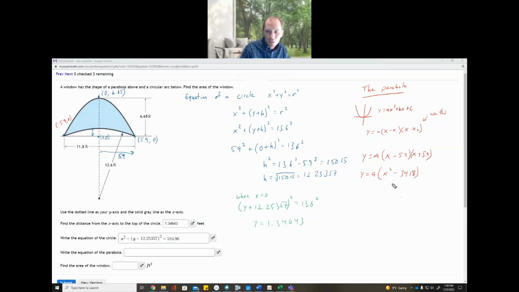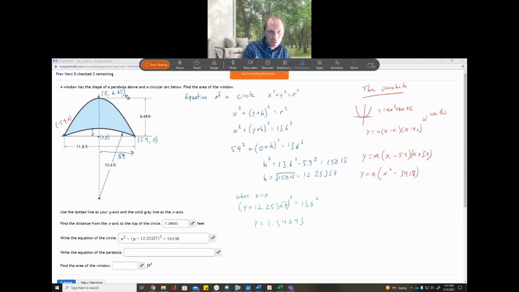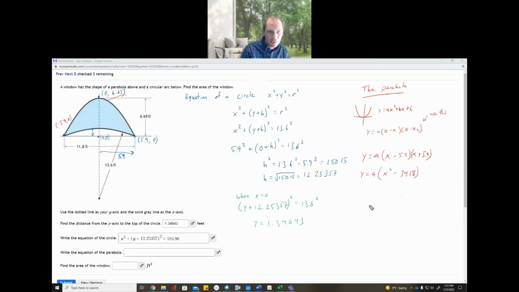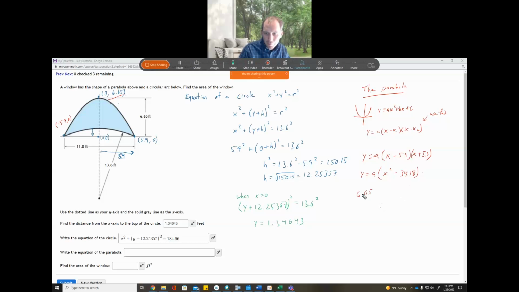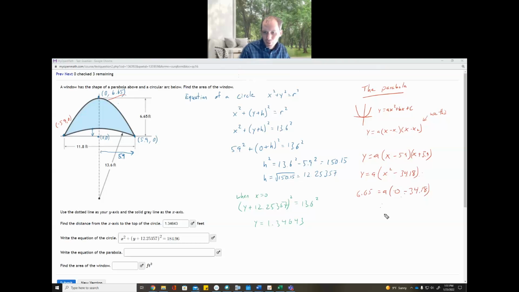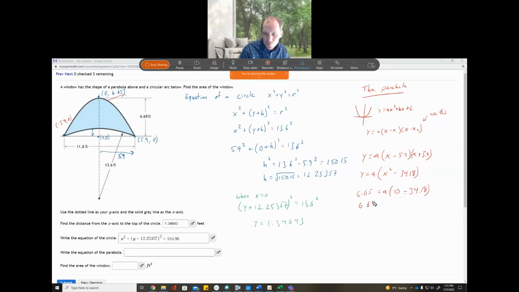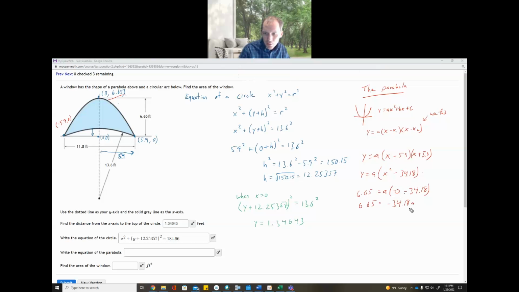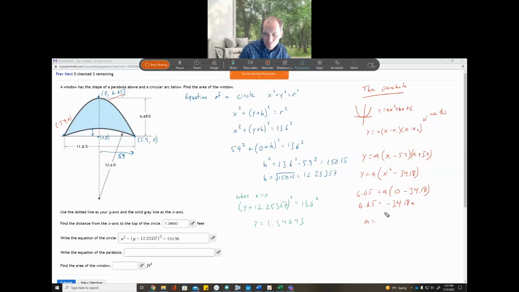Okay. To find this value of a, I need an extra piece of information, and that's where I'm going to use this extra point. When you plug in 0 for x, you'll get 6.65 for y. So 6.65 equals negative 34.18a, and then I divide to get a by itself.